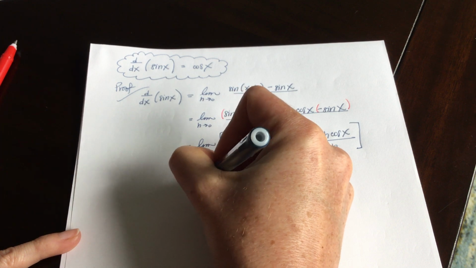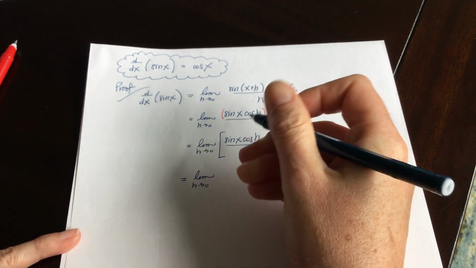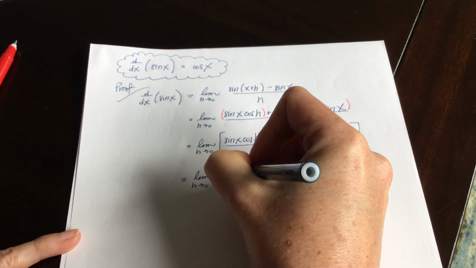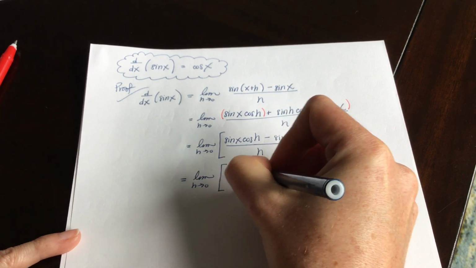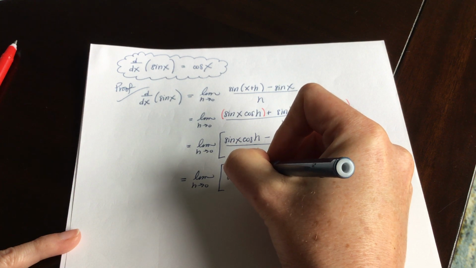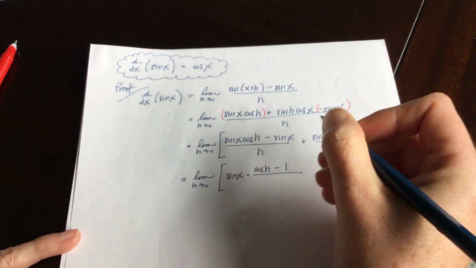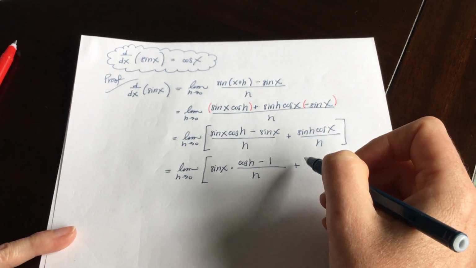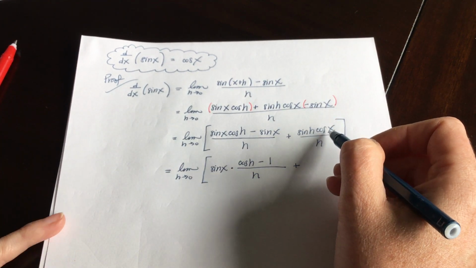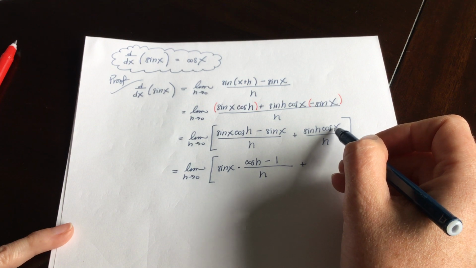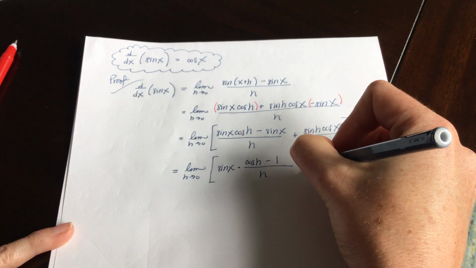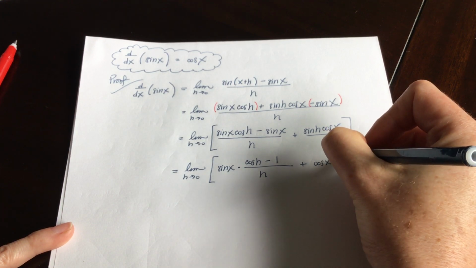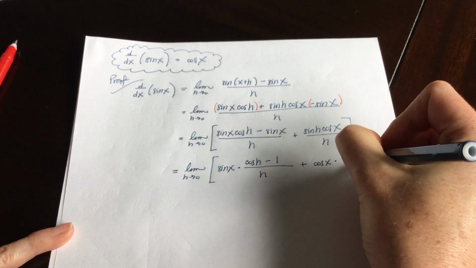So I'm going to rewrite this as the limit as h goes to 0 of the quantity sine of x times cosine of h minus 1 all over h, plus, similarly, I'm going to pull the cosine of x out to the side. So this fraction is the same as the cosine of x times sine of h over h.